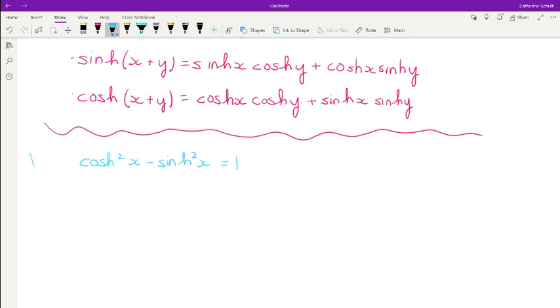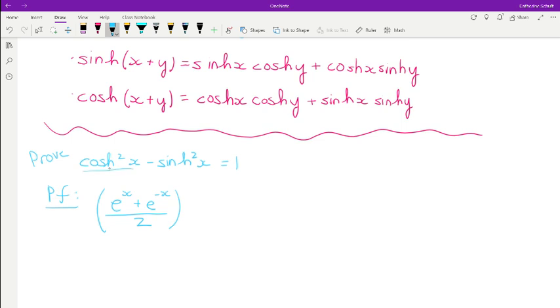Okay, so how we work with these identities, we go back to the definition of what it means to be a hyperbolic cosine and the definition of hyperbolic sine. So, for instance, the definition of the hyperbolic cosine is e to the x plus e to the negative x over 2.